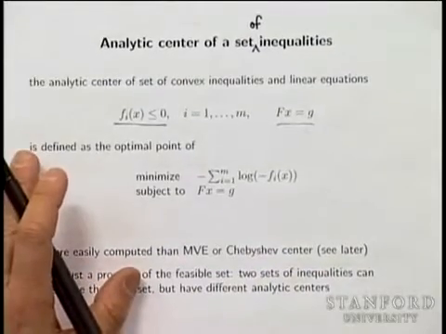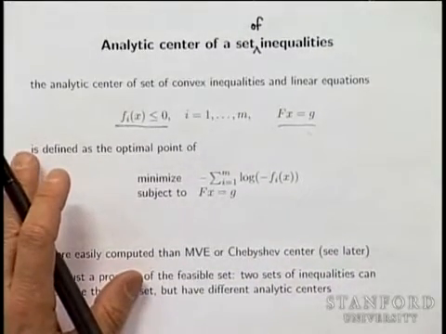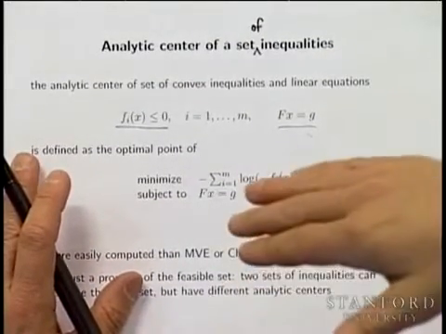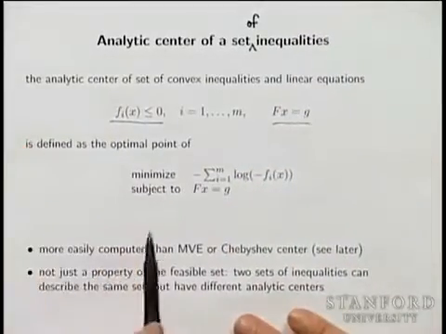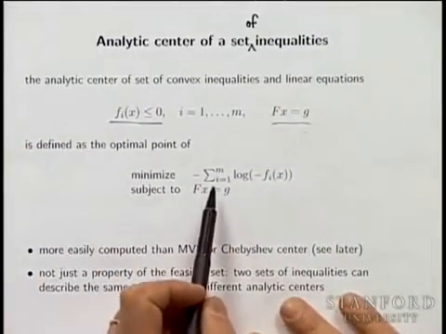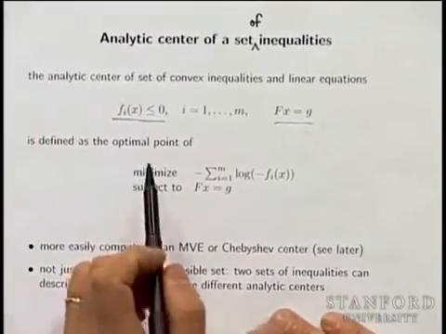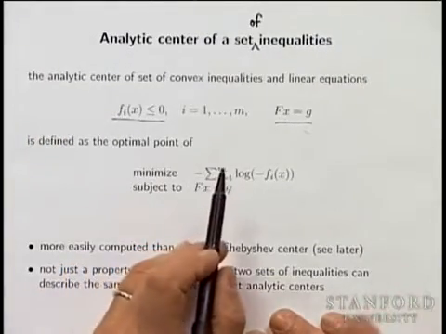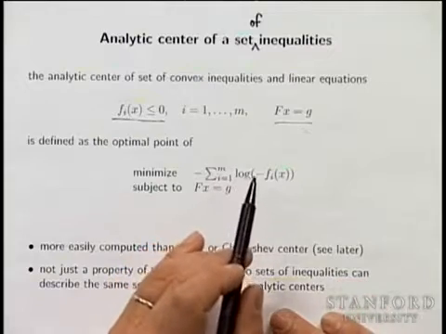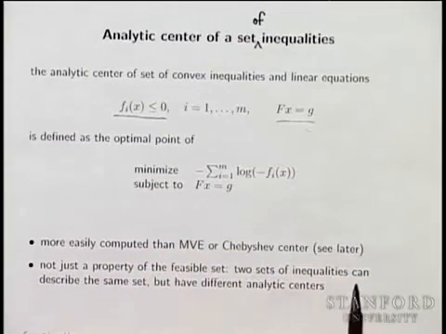And there's lots of ways you could do it. You could minimize the maximum margin, or maximize the minimum margin. But an interesting one is to maximize the product of the margins, which is the same as minimizing the negative sum of the logs of the margins. Okay? So that's another method. It sounds odd, but we will get to what it means later.